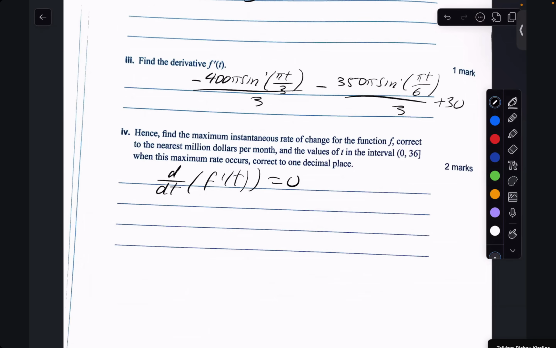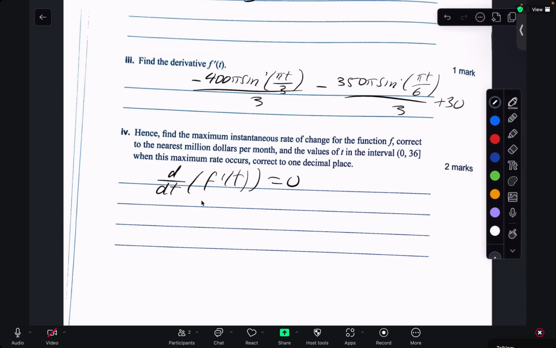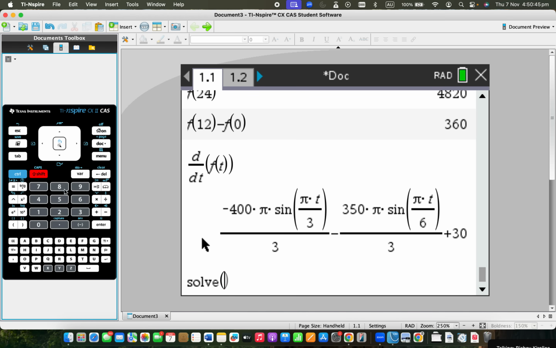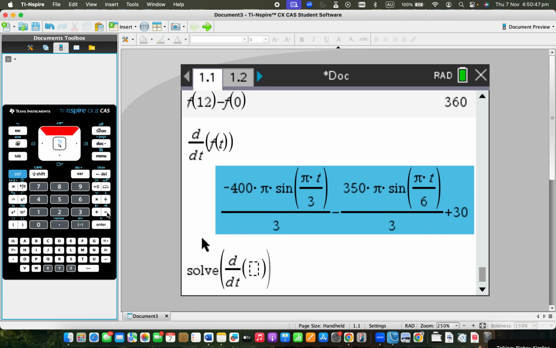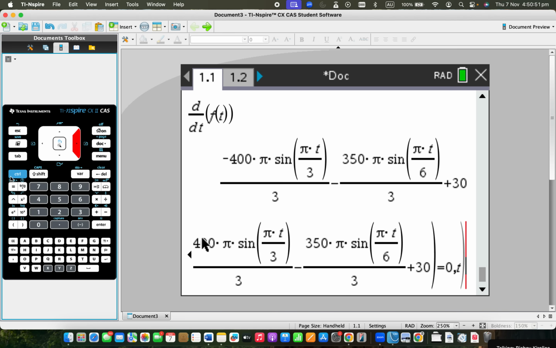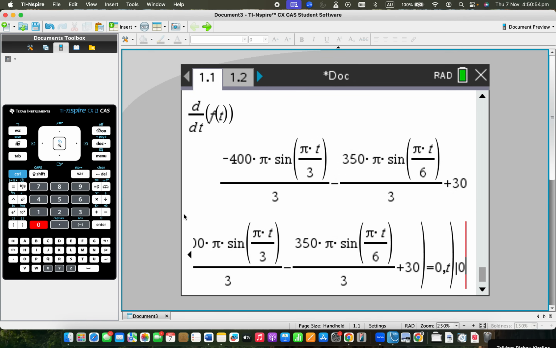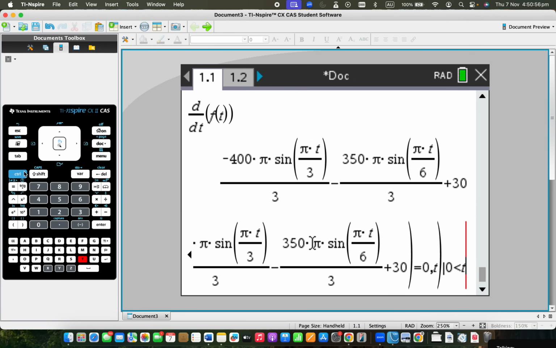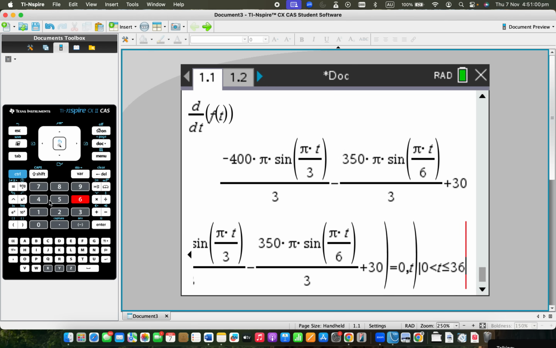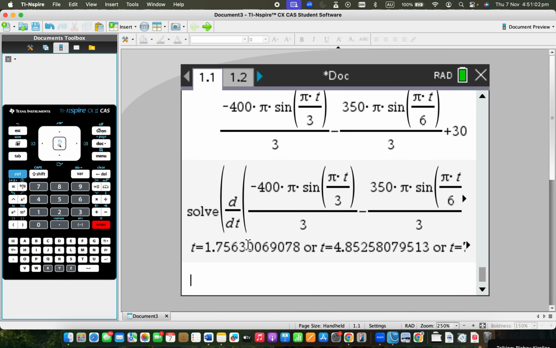And then if we solve, menu 3.1, derivative of this is equal to 0, comma t, and we say t is between 0 and 36. You will get these values here.